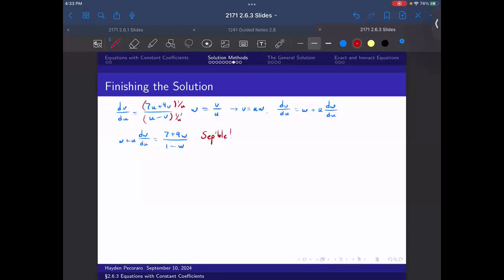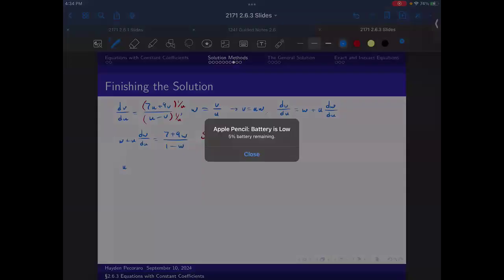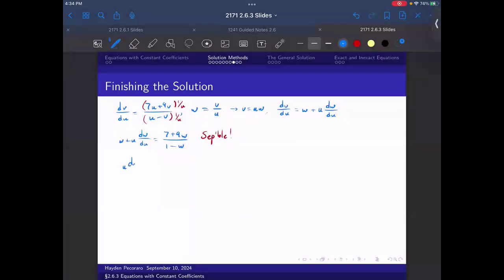We just have to rearrange things with the w on one side and the u on the other. So if we do that, we get u dw du equals 7 plus 9w over 1 minus w, minus w.